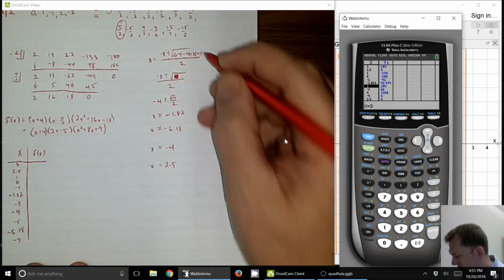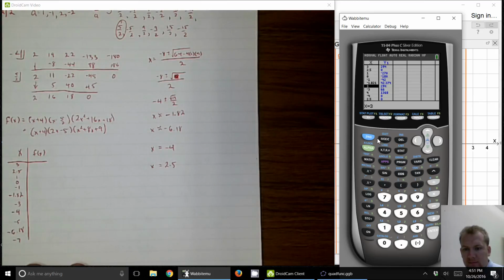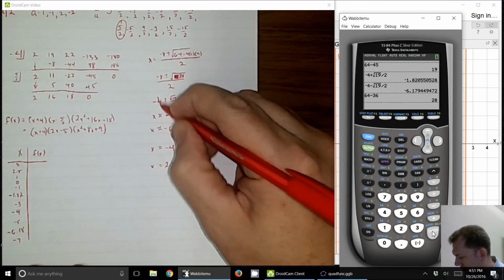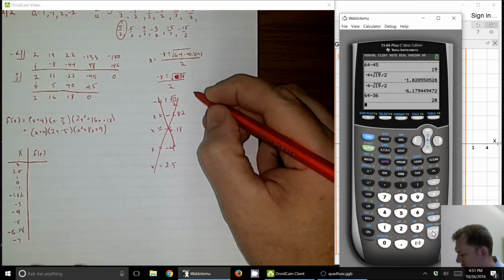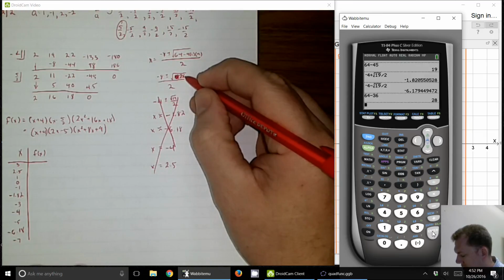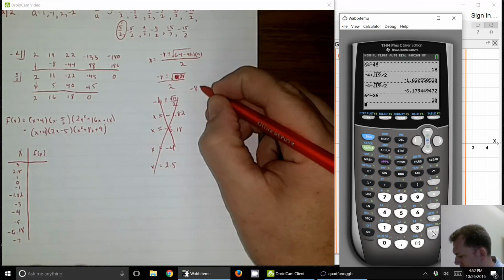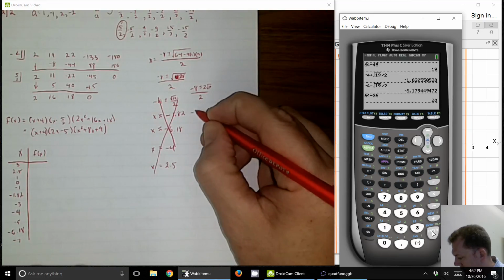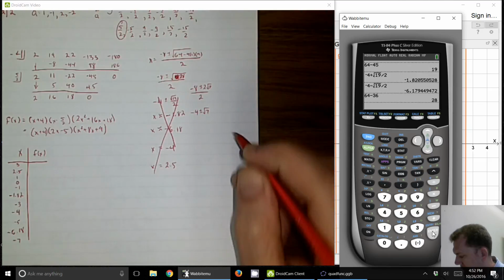It's 64 minus 36, which is 28. So 28, 4 comes out, so that's negative 8 plus or minus 2 root 7 over 2, so it's negative 4 plus or minus root 7.